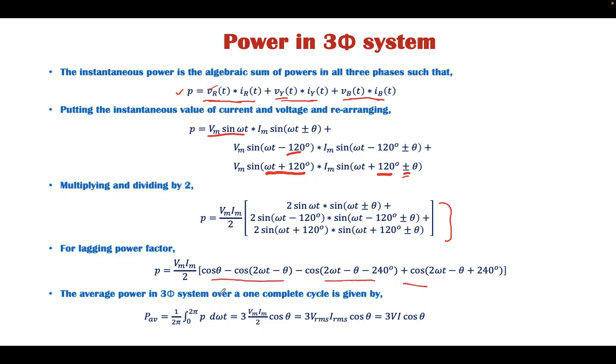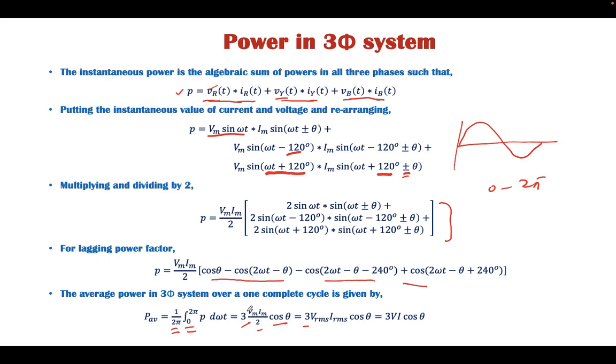Now, since power consumed is calculated as the average over the complete cycle, and for this complete cycle the limit is 0 to 2 pi, here we consider the limit 0 to 2 pi with a factor of 1 by 2 pi, and then find the average of this value. That will be given as Vm Im by 2 cos theta into 3.